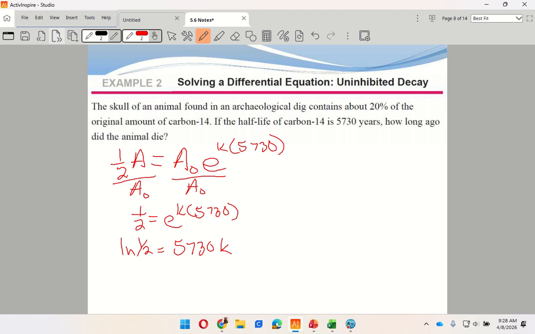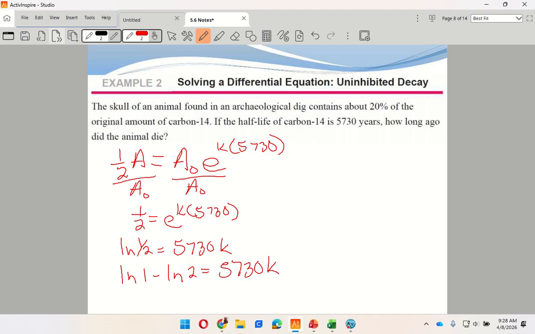So it's going to be ln1 minus ln2 is equal to 5730K. I'm going to divide by that, but before I get too far, what's ln1? 0. ln of 1 is always 0.